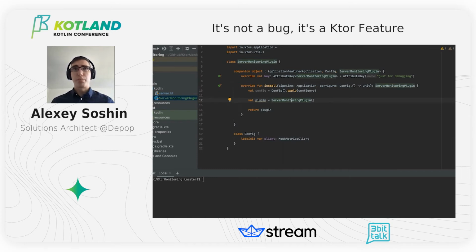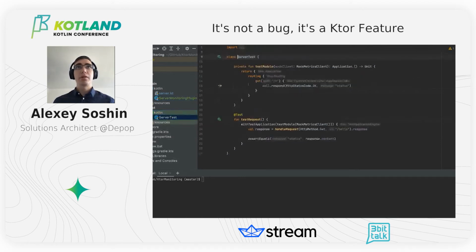Now our code should compile at least, and it has the configuration that the user of our library, of our plugin, has passed. Let's see that everything runs.